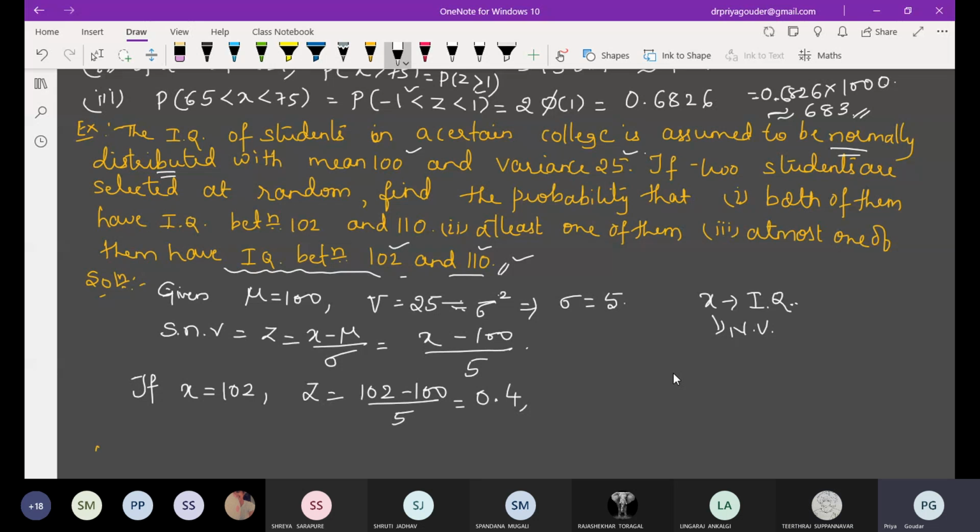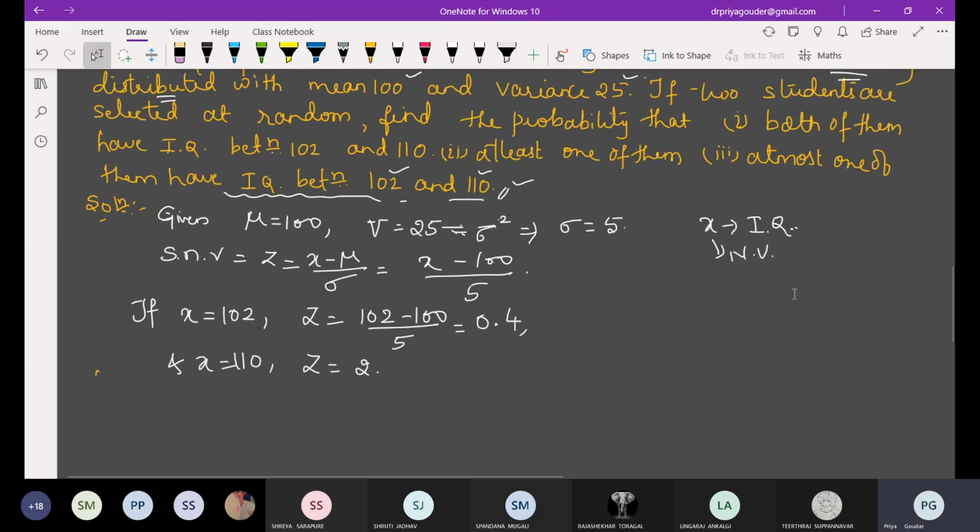And take another value of X given, 110. They have given some range here. If X is 110, what will be the value? 10 by 5, obviously 2. So we'll find out what is the probability that if you choose one student, his or her IQ level is between 102 and 110.